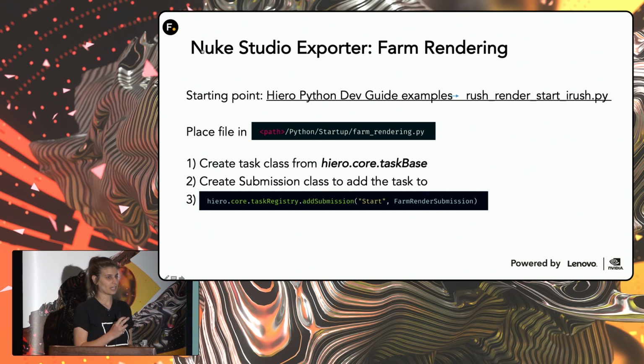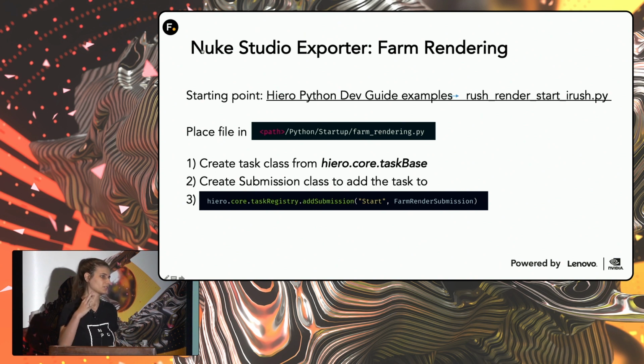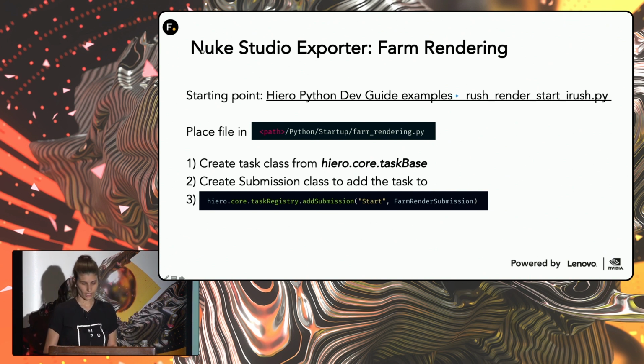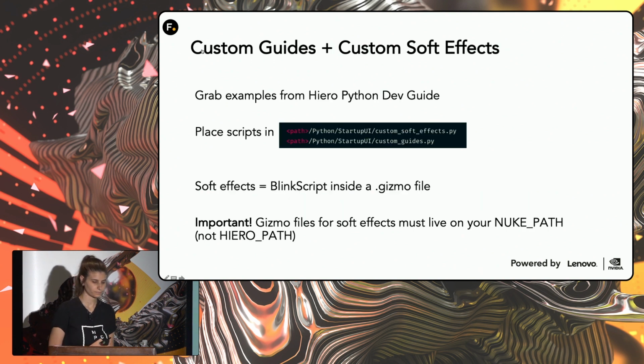So I suggest going there as a start point, because it helped us a lot. Basically, we just took the example that they had, and there are 3 basic examples on a big scale. This example is for Rush. We are using Tractor, so it's different for us, but we were able to easily customize it for our own, and that hooked it up to our render farm.